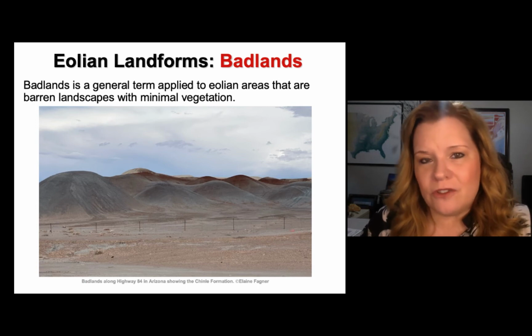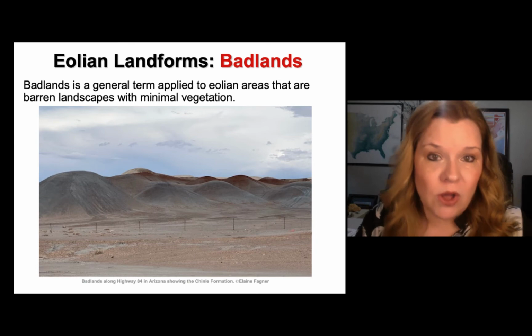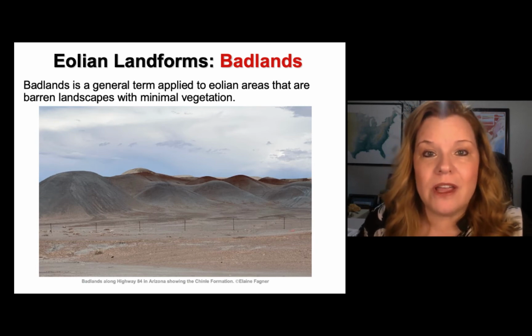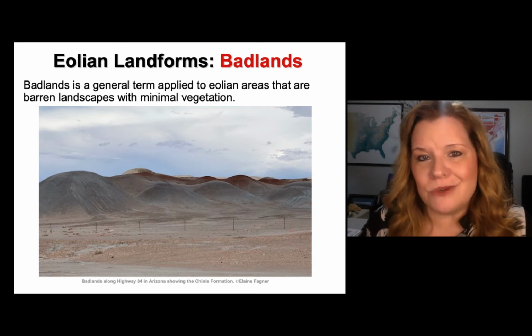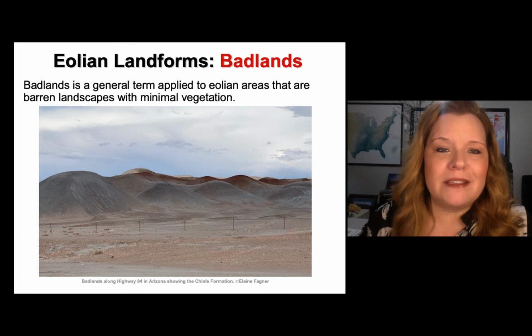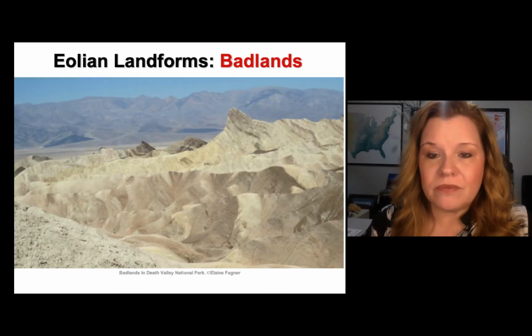But badlands aren't just allocated to one geographic location. There is a park called Badlands National Park in South Dakota. And it's very barren, looks like this, but typically it's a term applied to a region in a desert that is barren landscapes with very little or no vegetation.